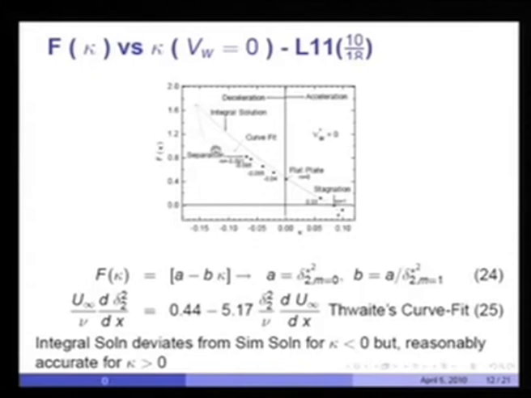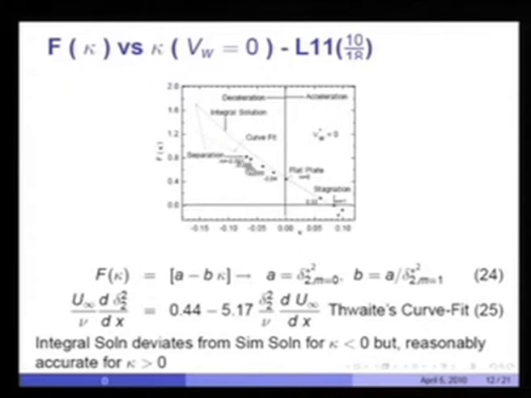Now, using the relationship between kappa and f k with integral parameters, I have also plotted the similarity solutions here. You will notice that this is the m equal to 1 solution, this is m equal to 0.33 solution, m equal to minus 4, minus 0.04, minus 0.065, minus 0.085 and minus 0.09 is the separation.